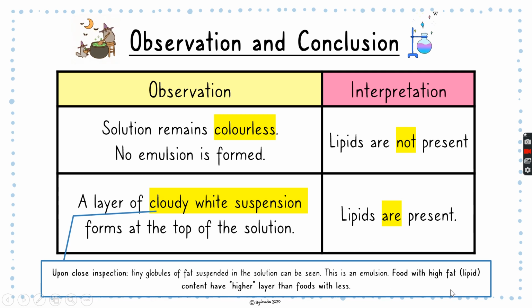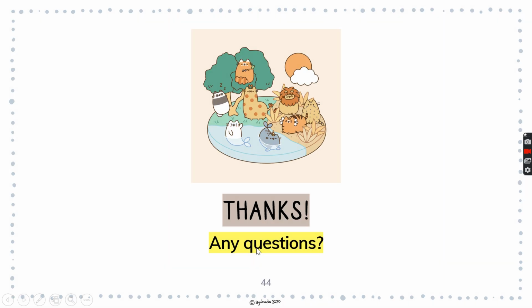Food with high fat, aka lipid content, will have a higher layer than foods with less. So with this ethanol emulsion test, you can even measure whether that food sample has high or low fat lipid content by looking at how much fat is suspended at the top. That cloudy white emulsion is what is formed.